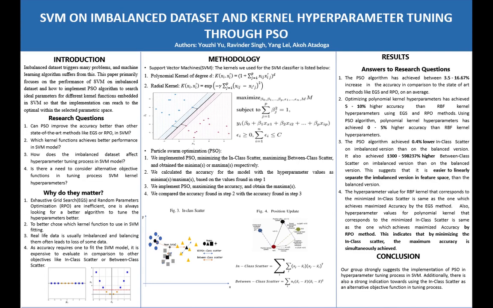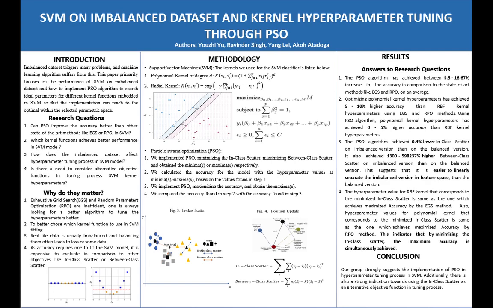It also achieved 13 to almost 6,000 times higher between-class scatter on the imbalanced version than on the balanced version. This suggests that it's easier to linearly separate the imbalanced version in feature space than the balanced version.